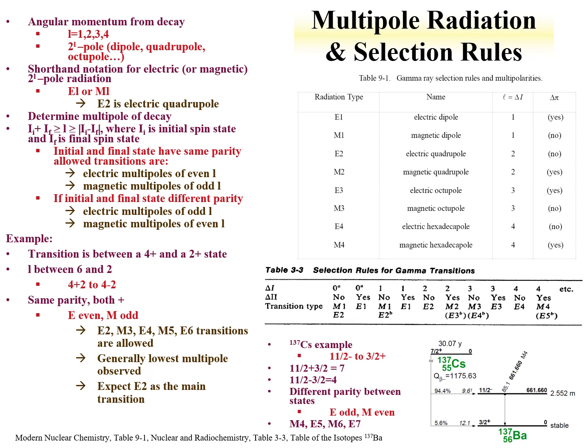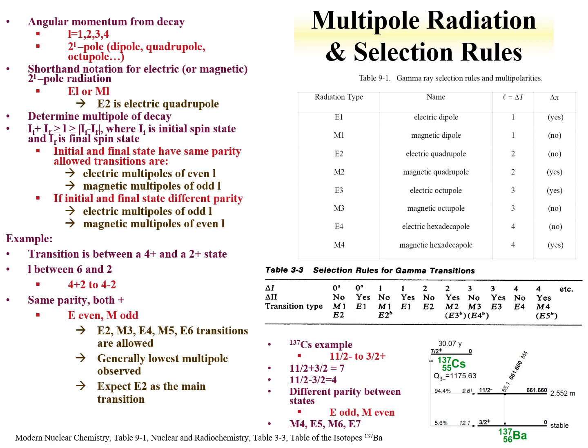If the initial and final states have the same parity, the allowed transitions are even L electric multipoles and odd L magnetic multipoles. And if the initial and final states of this gamma transition have different parities, the electric multipoles are of odd L and the magnetic multipoles are of even L.